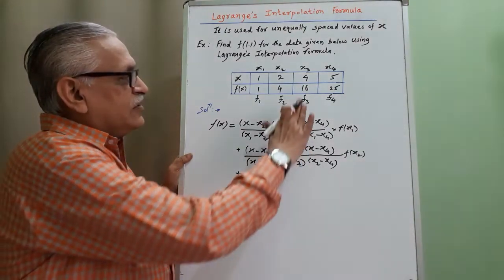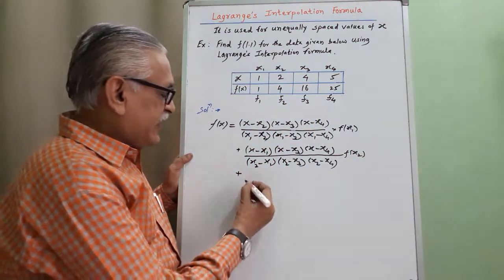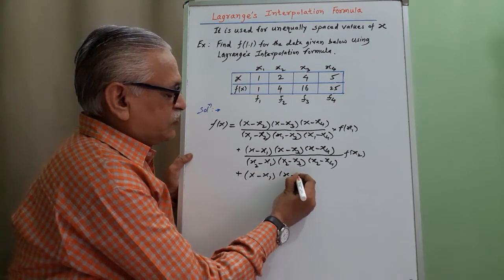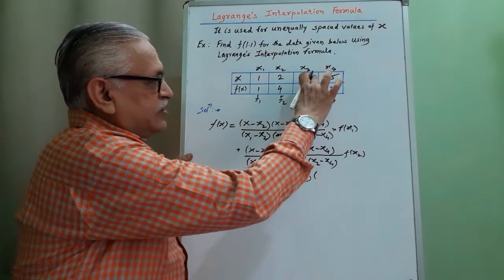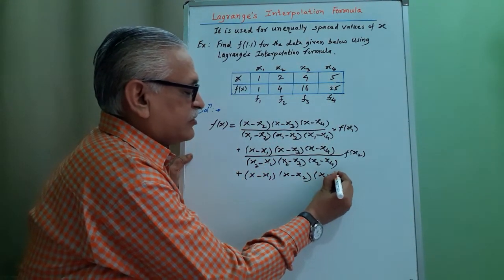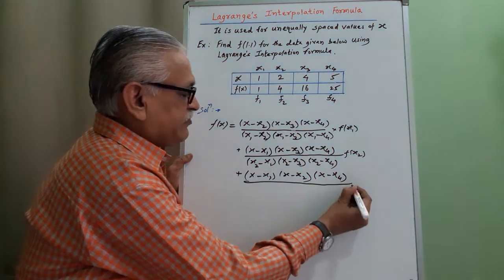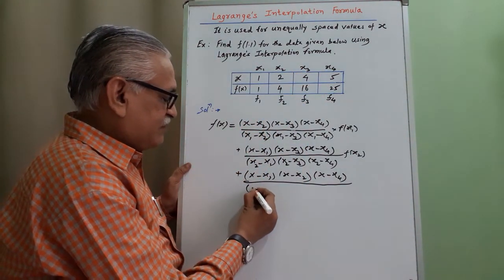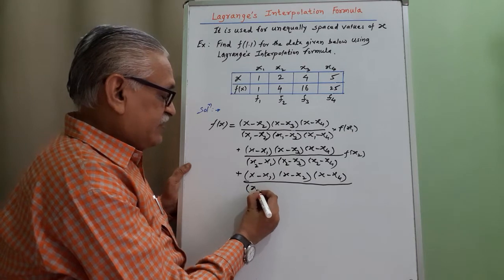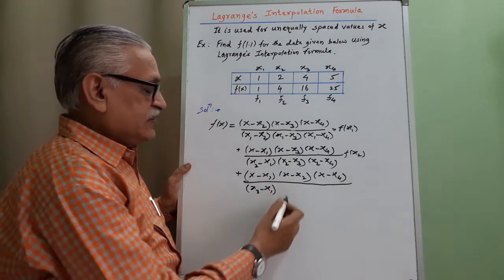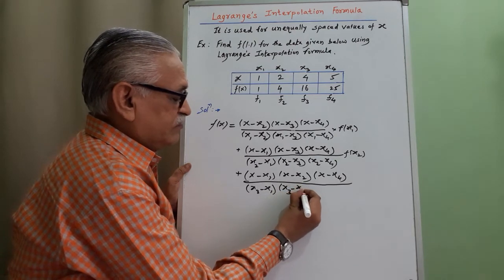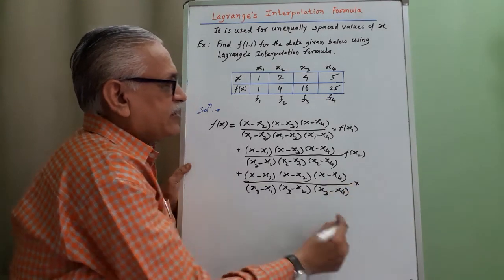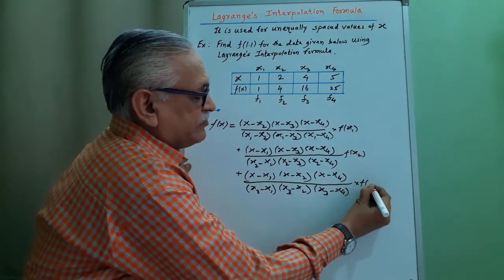Then the third time we neglect the third point x3 and write down the product as x minus x1, x minus x2, and last x minus x4, divided by the neglected point subtracted from the others: x3 minus x1, then x3 minus x2 and x3 minus x4, multiplied by f3, meaning f of x3.